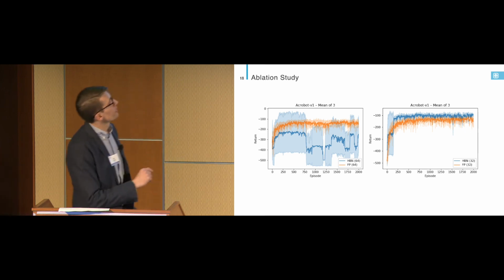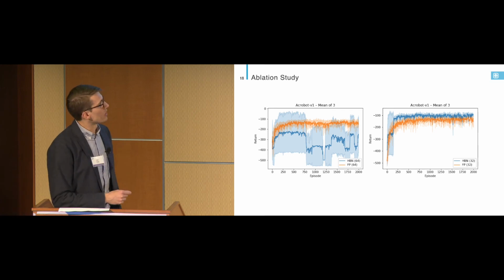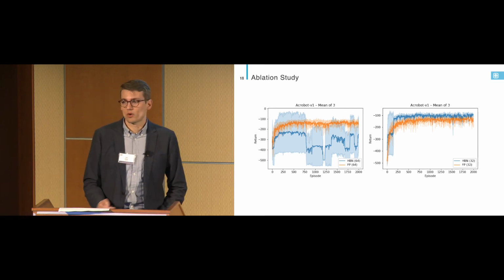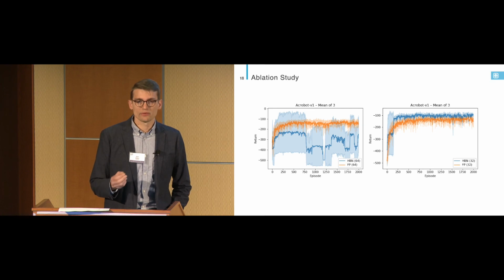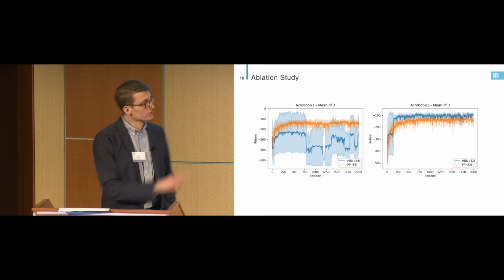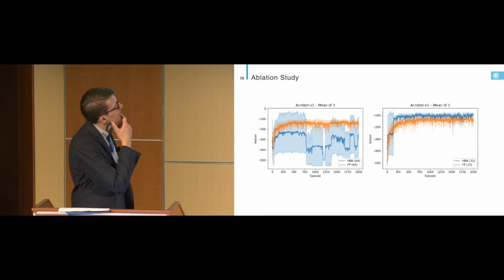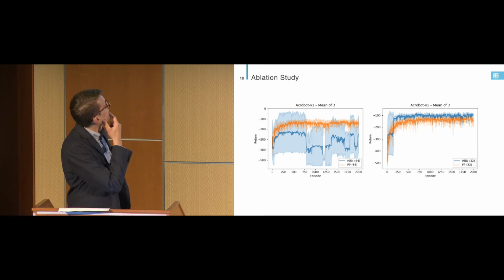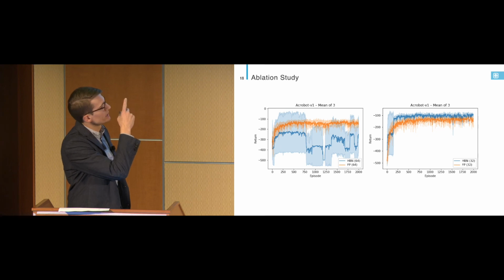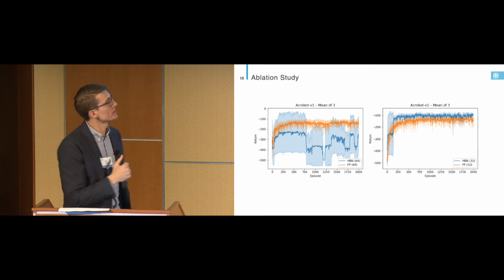I'm going to show you the results on Acrobot across 6 different architectures. This first architecture on the left has a single hidden layer with 64 hidden units, and the light colors in this test show the variance.